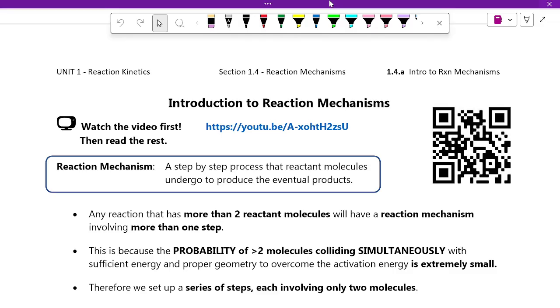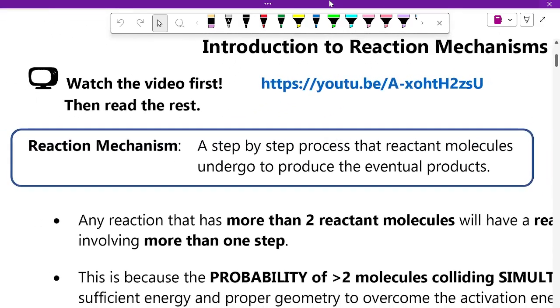Okay, so a reaction mechanism is a step-by-step process that reactant molecules undergo to produce eventual products.